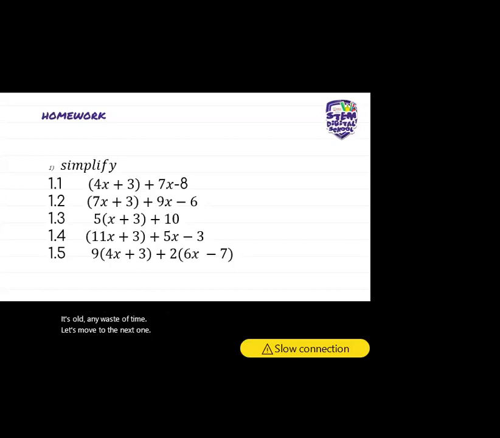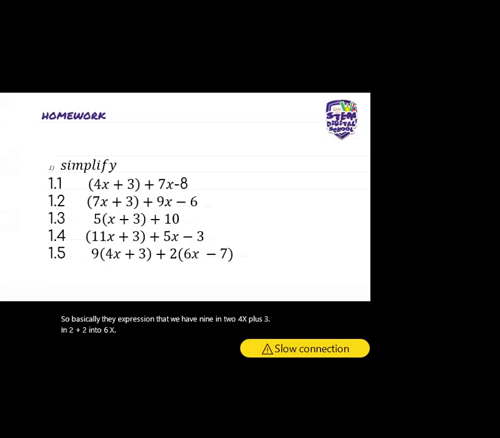Nine into 4x plus 3, plus 2 into 6x minus 7. So basically, this is the expression that we have: 9 into 4x plus 3, plus 2 into 6x minus 7.